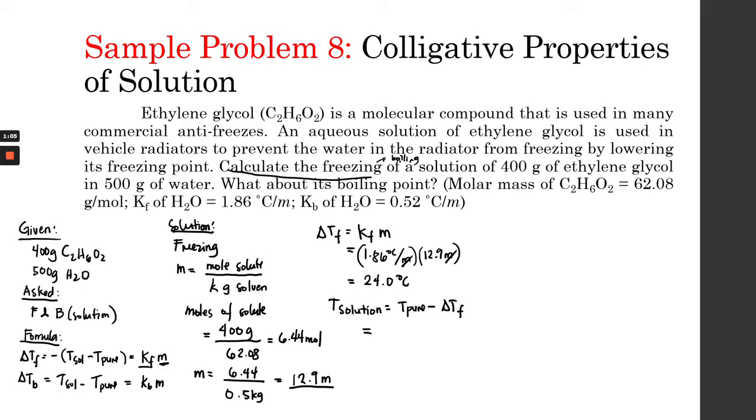And we know that the freezing temperature of pure solvent, in this case water, is 0 degrees Celsius. Minus 24 degrees Celsius, so the freezing point of our solution is negative 24.0 degrees Celsius. So that is the freezing. Now let's look for the boiling.